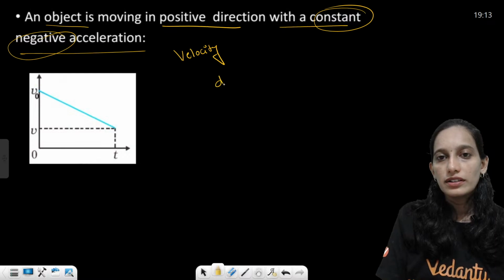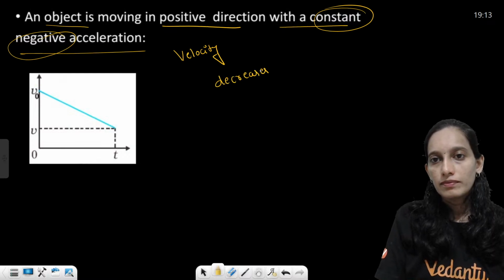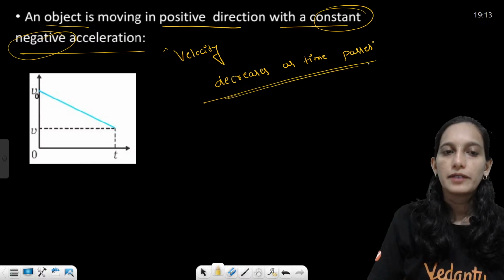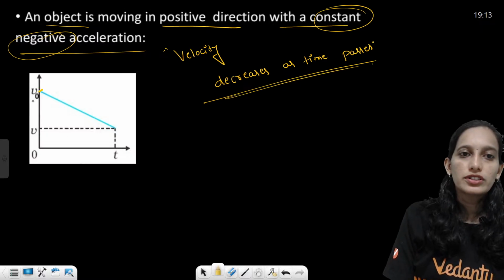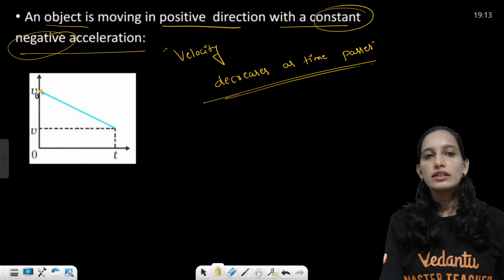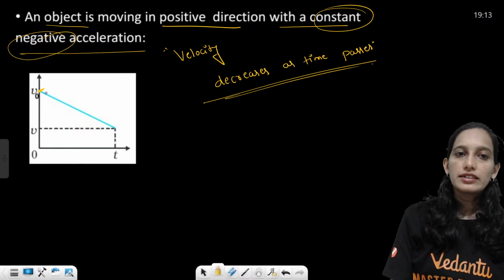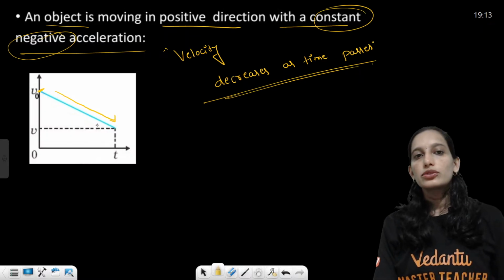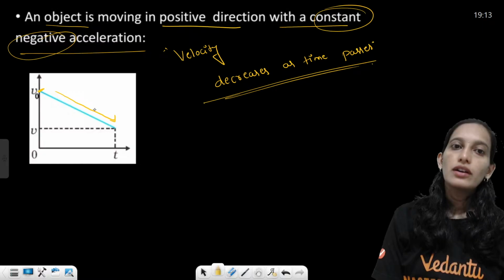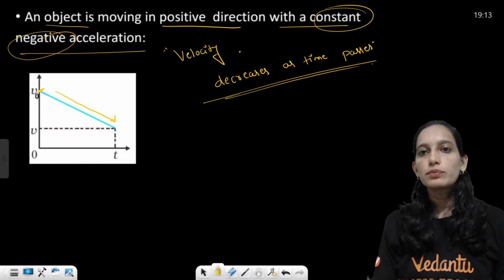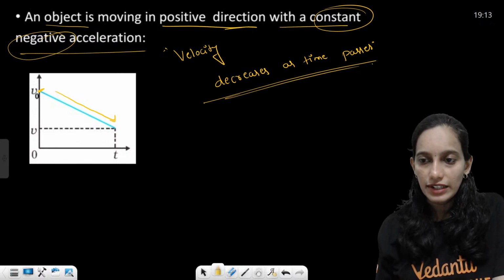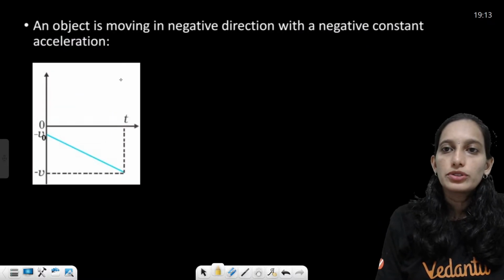So the velocity initially has some constant value, v naught, some initial value, and as time passes the velocity decreases linearly. So that is our graph for an object moving in the positive direction with a constant negative acceleration. Okay, moving to the next graph.